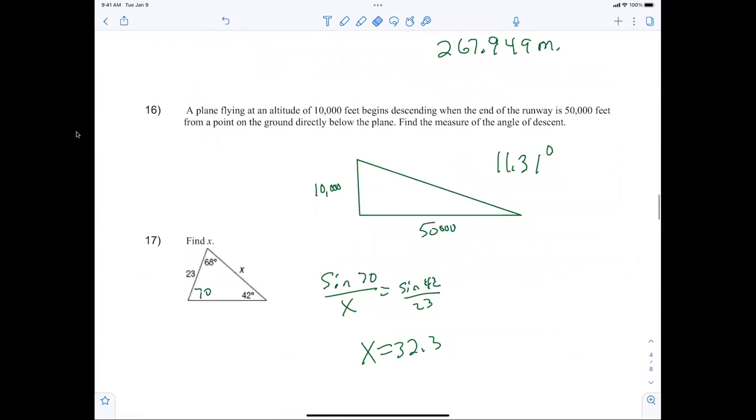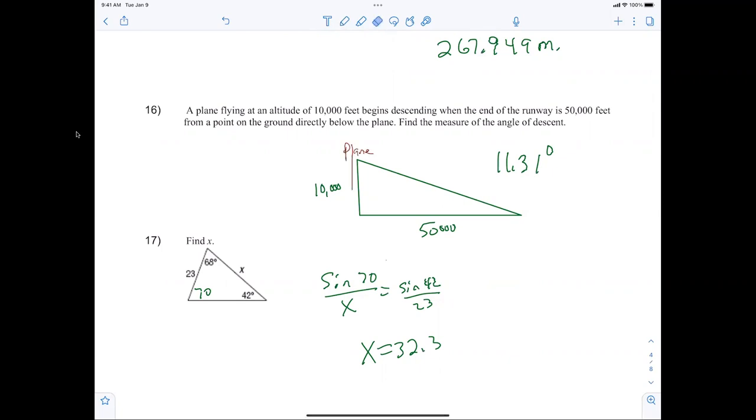A plane flying at an altitude of 10,000 feet begins descending to the end of a runway that's 50,000 feet from a point on the ground directly below the plane. So here's my plane up here, correct?